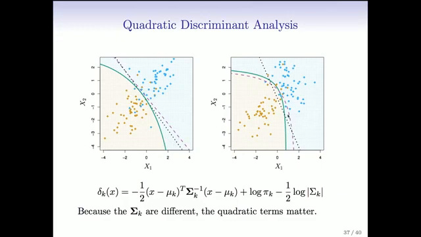In the right-hand plot, on the other hand, the true data came from a situation where the covariances were different. The Bayes decision boundary is curved, and the quadratic discriminant analysis pretty much got it, whereas linear discriminant analysis gives you quite a different boundary in that case.